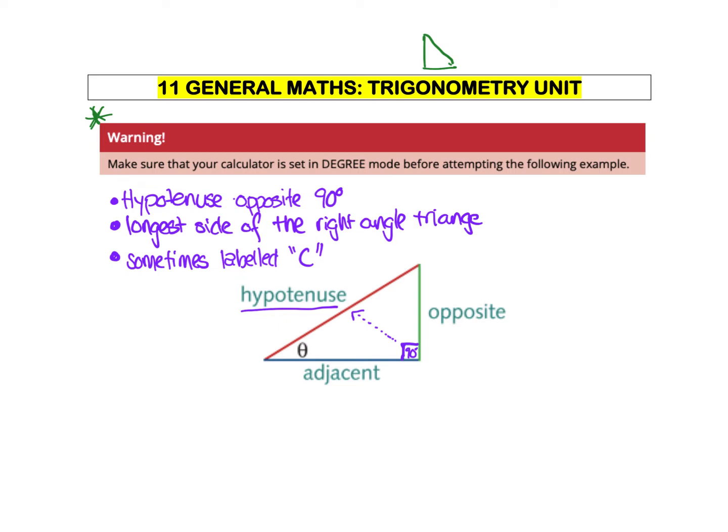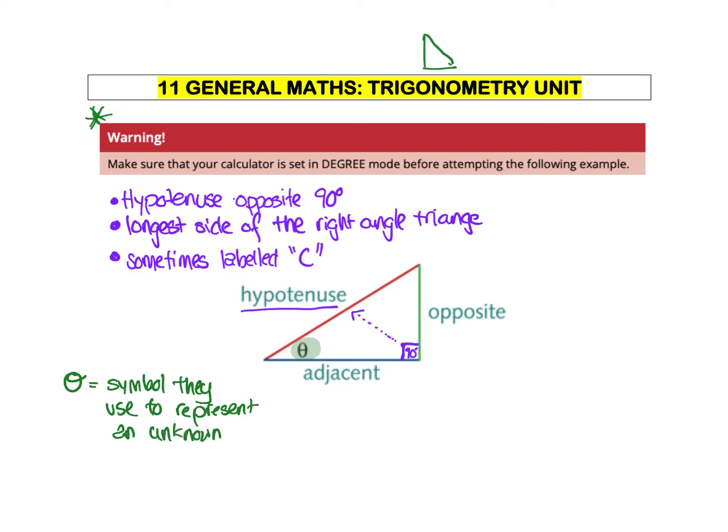Okay, then when we're talking about, say, the angle down here, this symbol here is just the symbol they use to represent an angle. Like I might say an unknown angle.